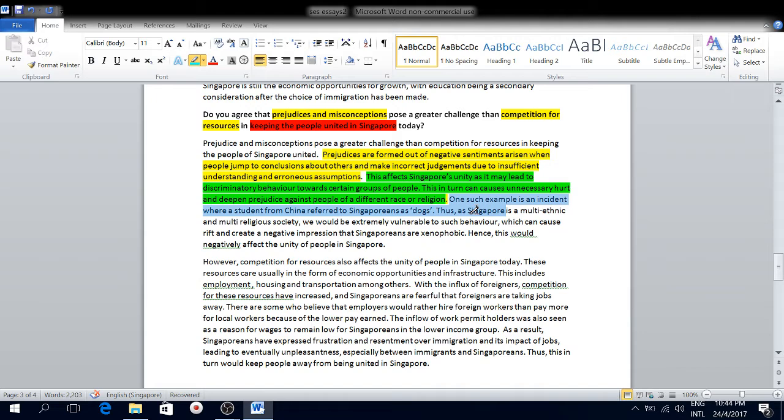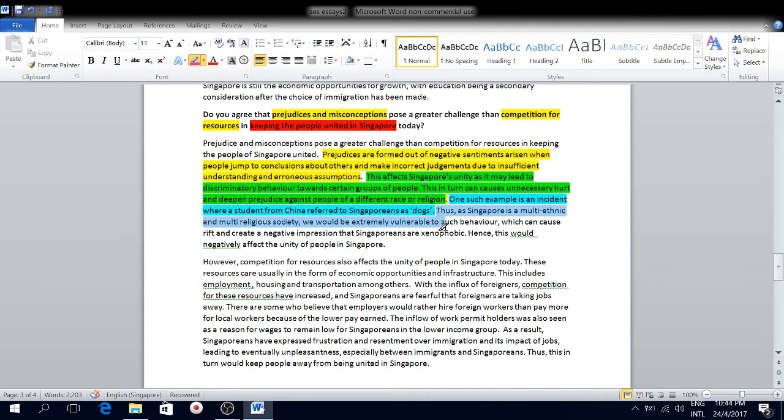One such example is an incident from China. So in your textbook there are a few examples. I choose to use this one where the China person calls Singaporeans dogs. So I list down this example, okay? Then when you explain, you just need to link this. How does this eventually lead to increased tensions?